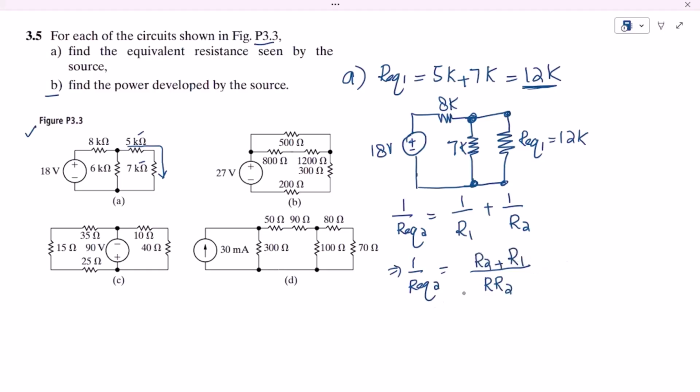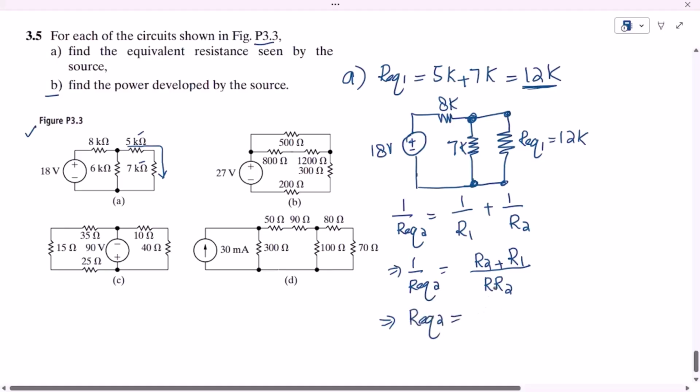If we take the reciprocal of it, because R equivalent 2 is now in the denominator, R equivalent 2 is R1 R2 divided by R1 plus R2. Okay, so this is what we have.